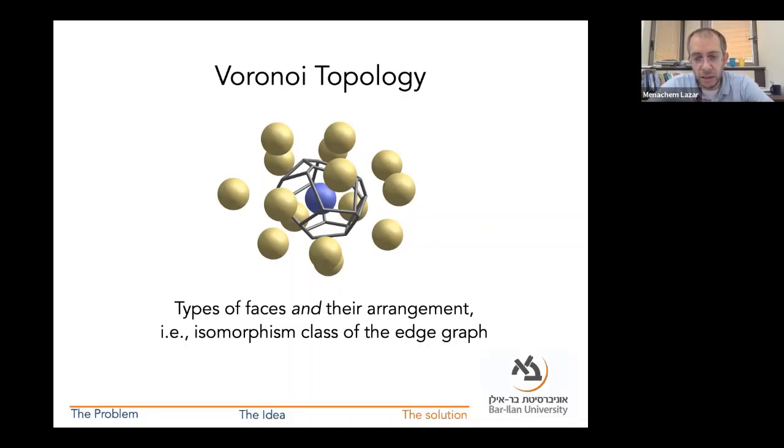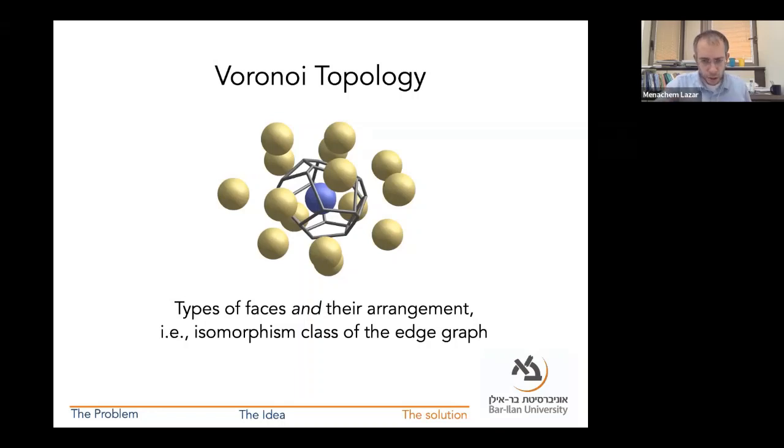There are some deep theorems from the early 20th century that connect polyhedra to planar graphs. What we want to do is characterize these polyhedra by thinking about them as planar graphs and their isomorphism class, which is a relatively easy problem to do computationally. Isomorphism is hard in general, but for planar graphs it is not hard. So at least it's a practical tool too.